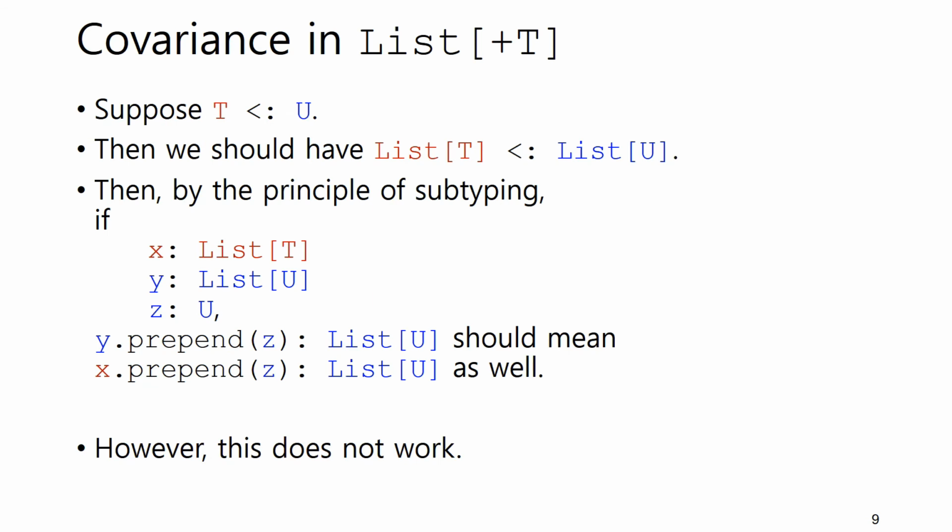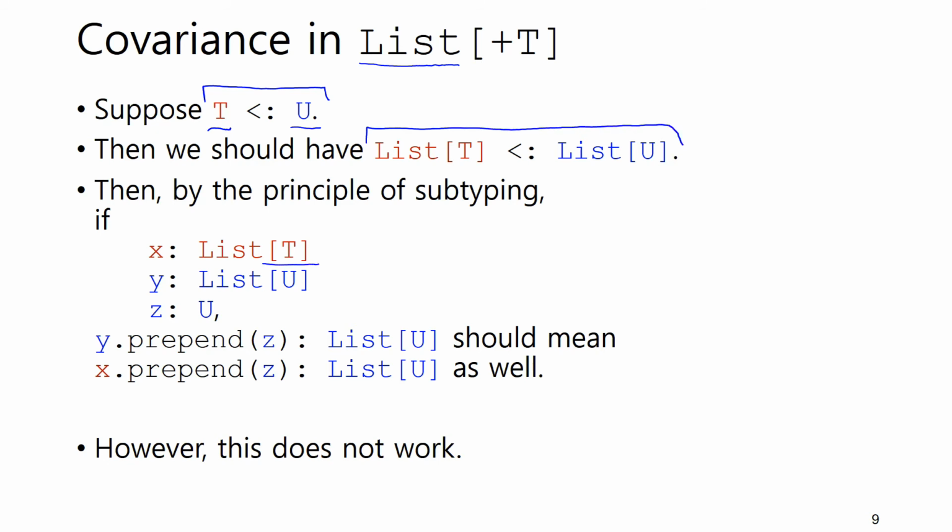Let's see why the previous code fails to implement the covariant list. Suppose that we have two types, T and U, for the element of the list. And we have this subtyping relation. If a list was indeed covariant, then we should have this subtyping relation as well.